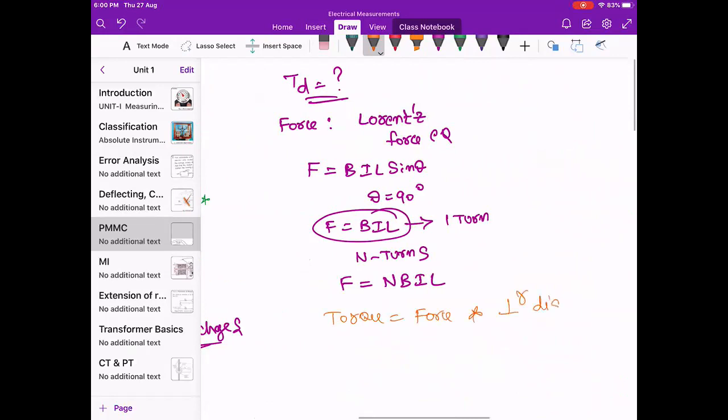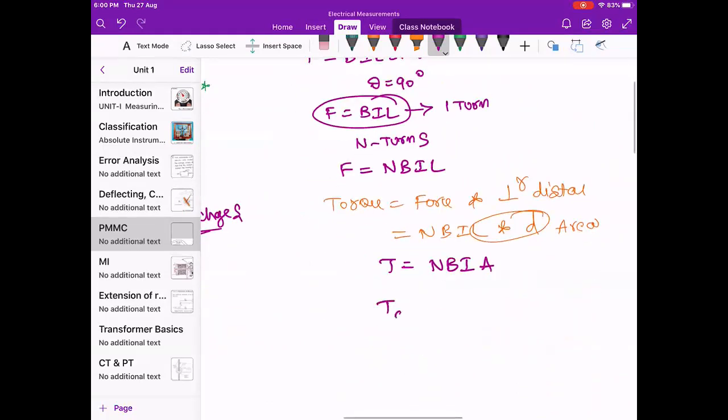Perpendicular distance is d. Okay, NBIL into d. Now L into d is area. Now we get the final equation as torque is equal to NBAI.